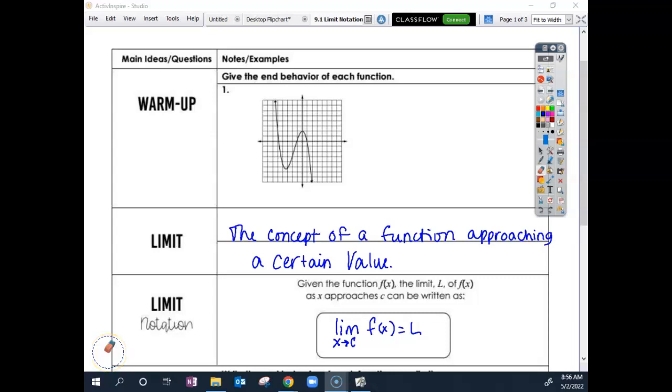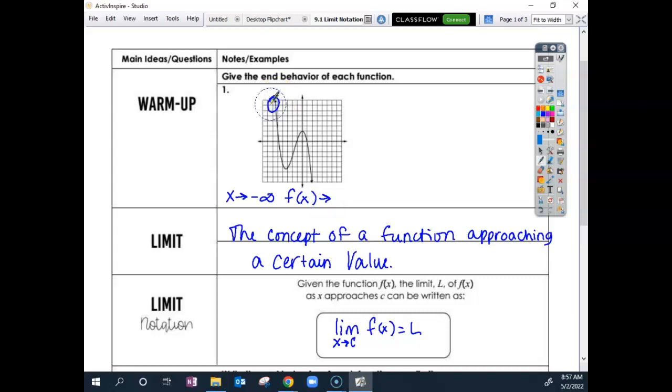Okay, y'all, we started the year and we talked about end behavior. Well, we talked about a bunch of stuff with graphs, but one of the things we talked about was end behavior. So if I was talking about the end behavior of this graph as x approaches negative infinity, what was happening to my y?